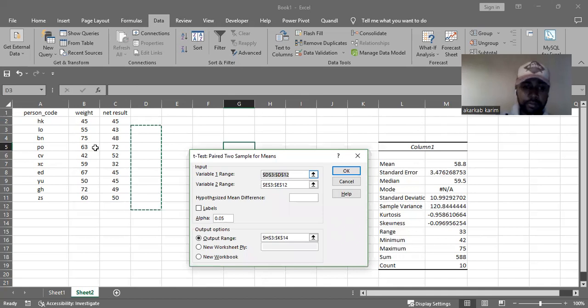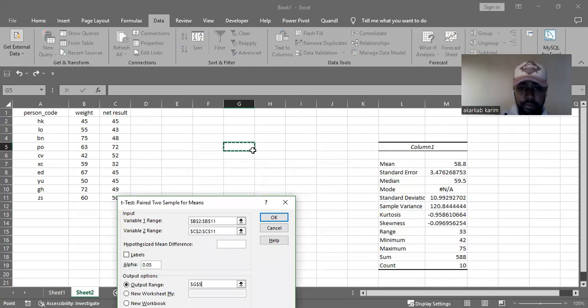Here we select the first variable, in our case weight. The second variable is the net result. We have alpha 0.05 by default, and here we also need to select another range for the output, empty cells. I'm choosing randomly, that's okay.